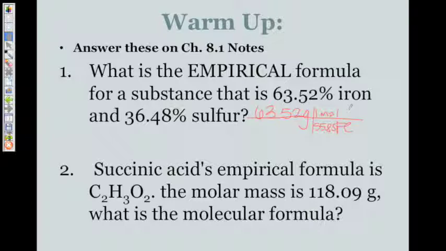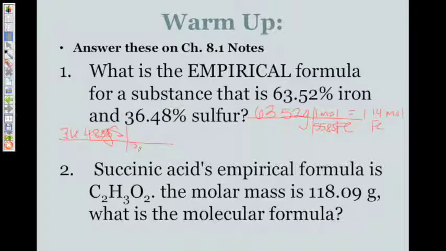Let me double check my math. 1.14. Yep, 1.14 moles of iron. And then we're going to do the same thing for sulfur. Change that to grams of sulfur.